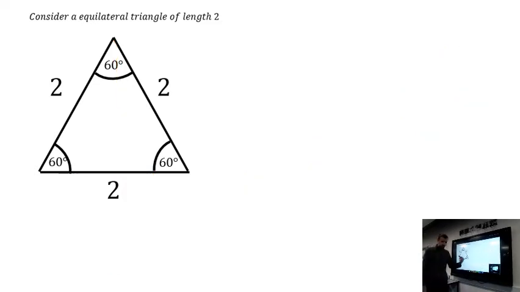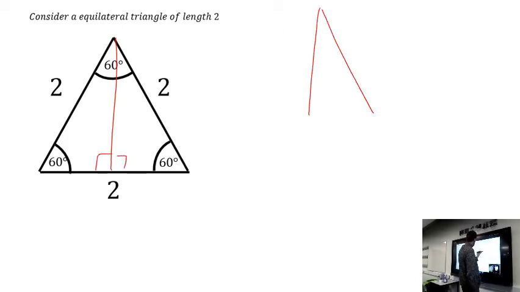Okay, so let's go back to this triangle. Here, we've broken it down into 2 right-angled triangles. So I'm just looking at 1 right-angled triangle. This is 90. This angle here is 60. This has to be 30. So all 3 angles add up to 180. This is 2.